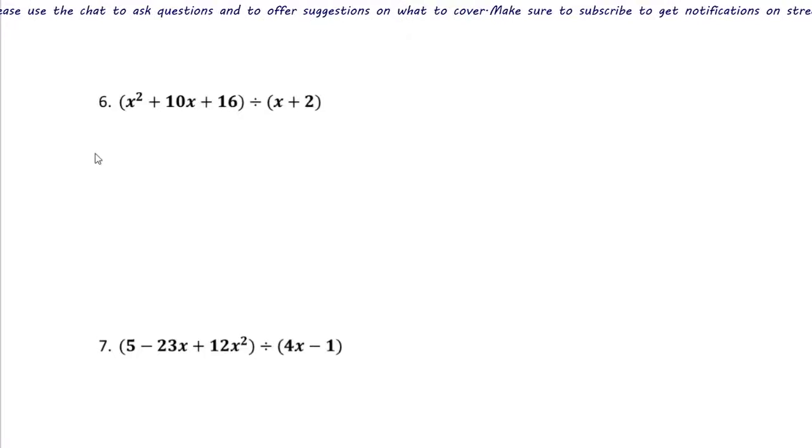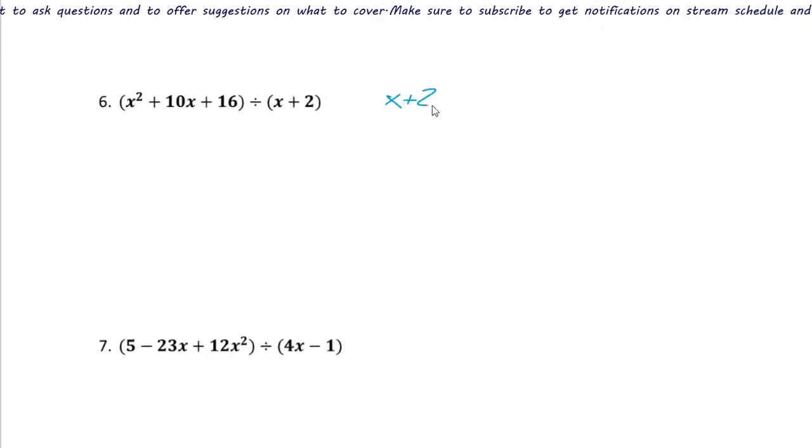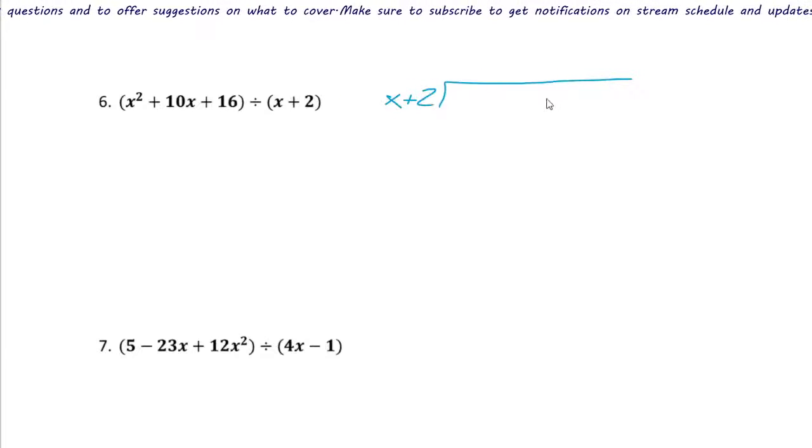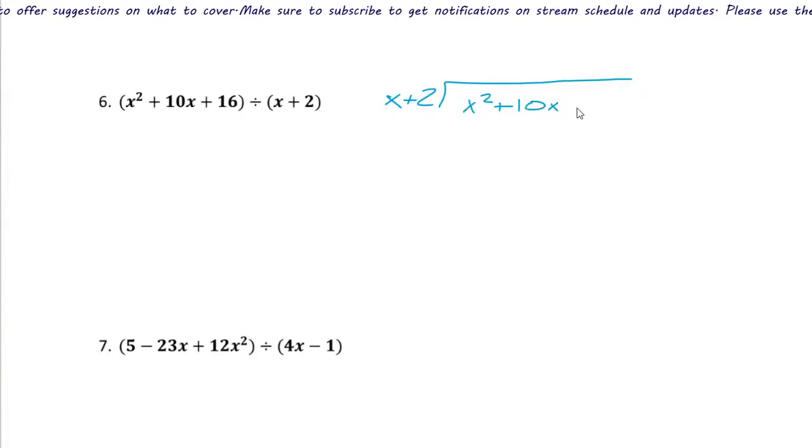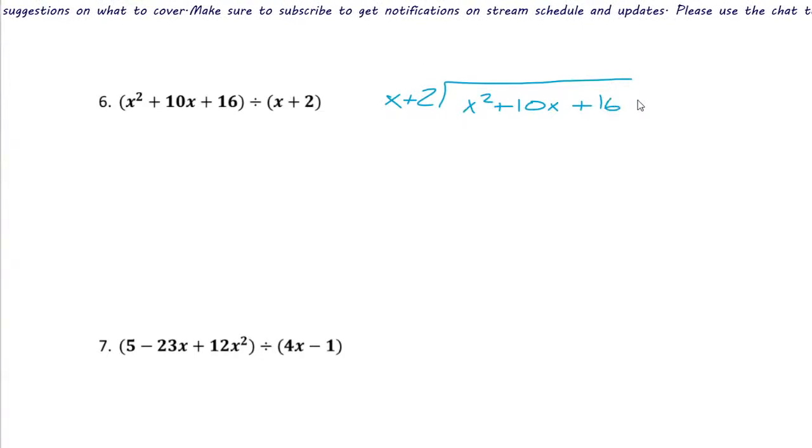Alright, so let's set this up. So we got x plus 2. We're going to see how many times that's going to go into x squared plus 10x plus 16. So what do we need to multiply x by to get to x squared?